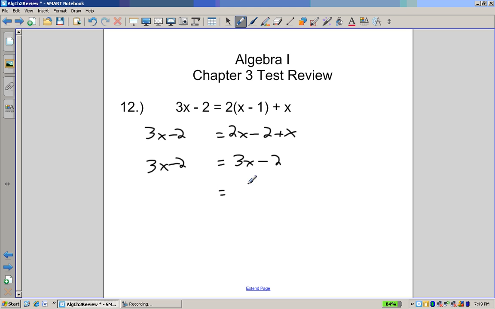Please remember keep, change, or you will get burned. Then get all your variables onto the same side. By the way, more astute students will figure out that something interesting has already happened here.